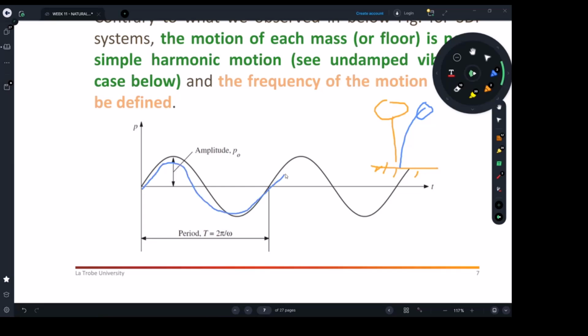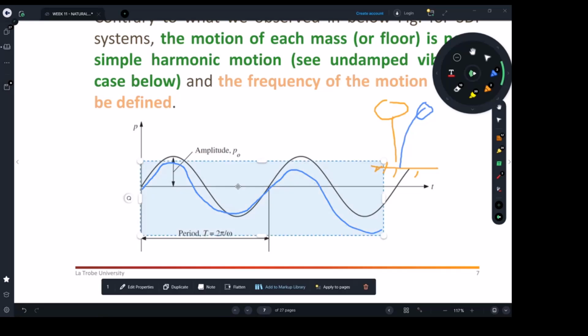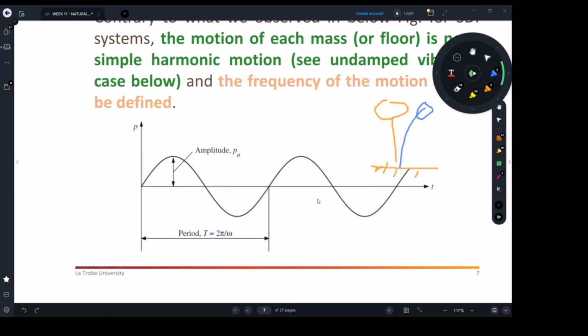It's going to give you that harmonic motion, with consistency in amplitudes and the time period. Remember, this is what we started talking about in weeks 3 to 4. So that's one of the key differences from a single degree of freedom system: if you displace it with whatever values, it will always give you that harmonic motion.